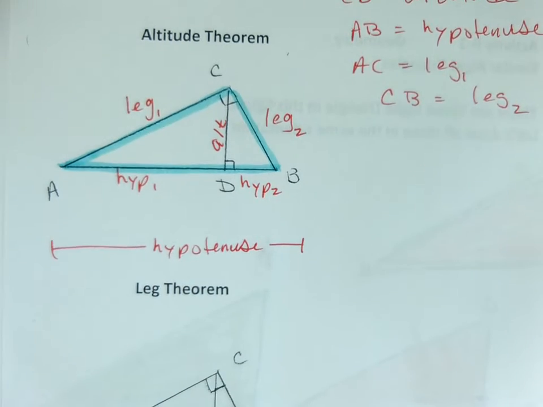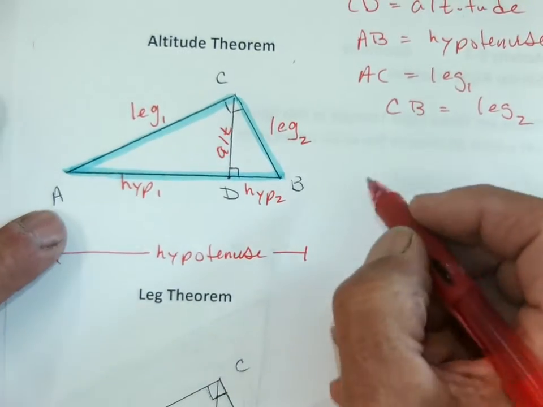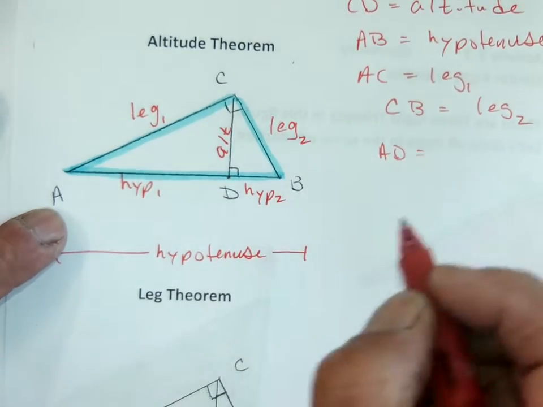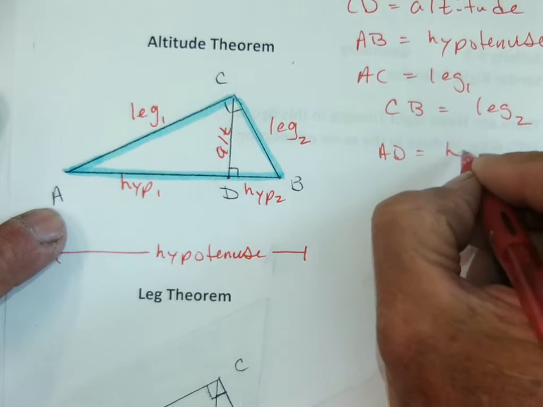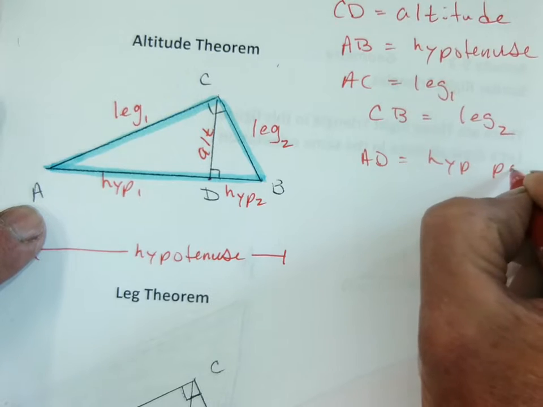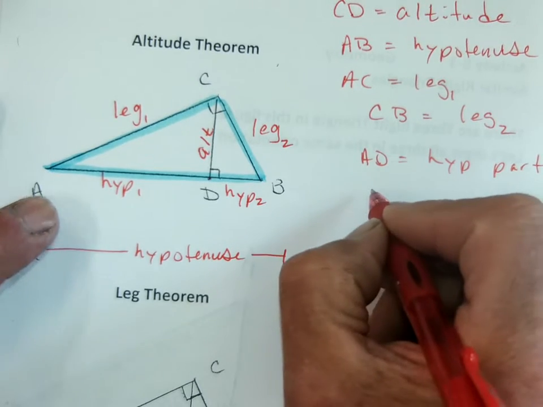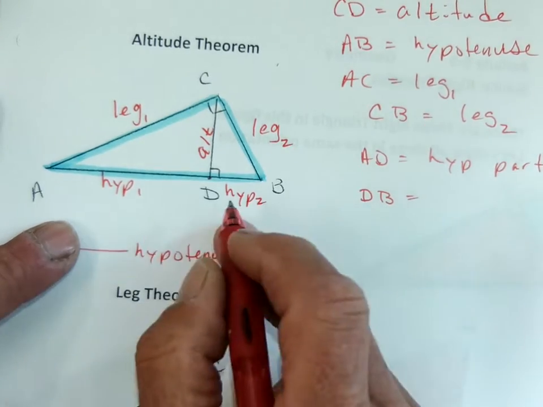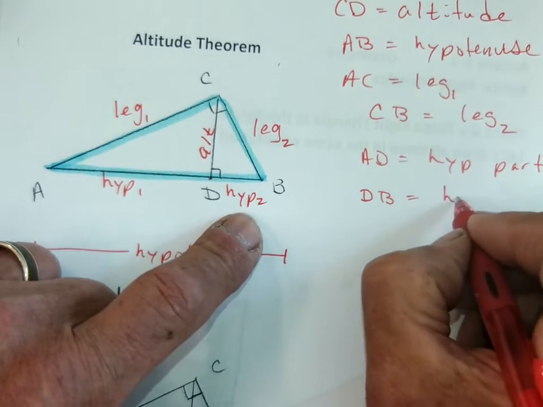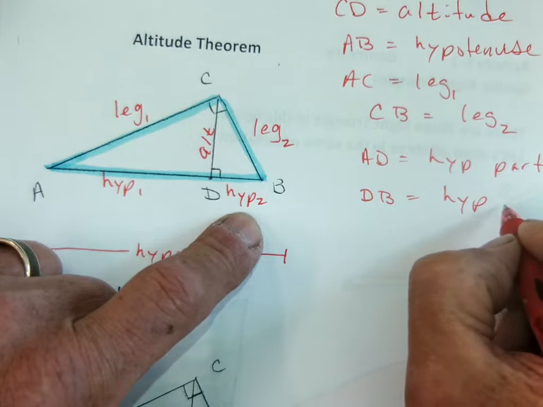It's not the entire hypotenuse, it's just pieces of it because they're connected right here. So AD is going to be my hypotenuse part 1, and DB is going to be my hypotenuse part 2, okay?